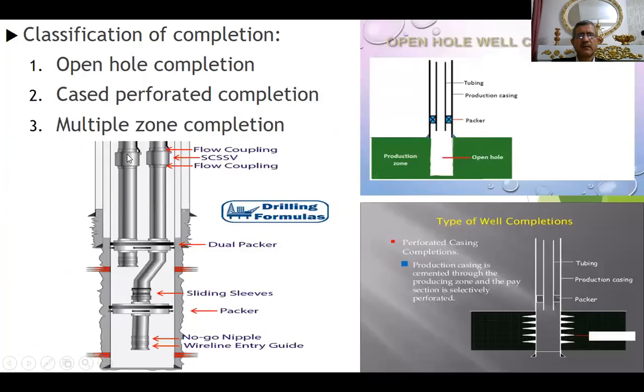Completion is run in the well to protect the casing. We have 3 types as the classification of the completion. It is open hole completion, cased perforated hole completion, and multiple zone completion, with upper zone and lower zone.